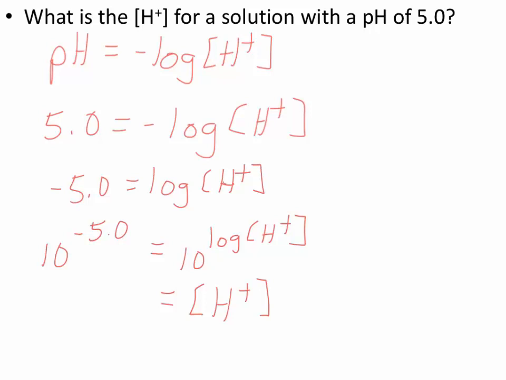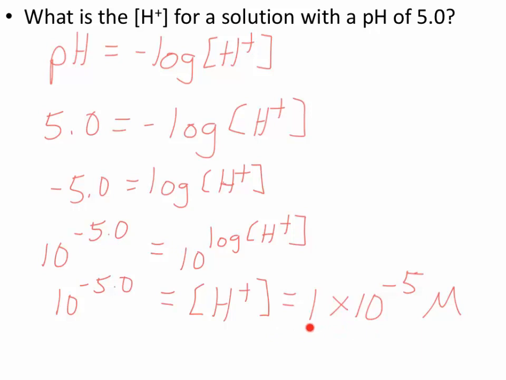And then the left side was then 10 to the minus 5.0, which then means that this is equal to 1 times 10 to the negative 5 molar. So our hydrogen ion concentration here is equal to 1 times 10 to the minus 5 molar.